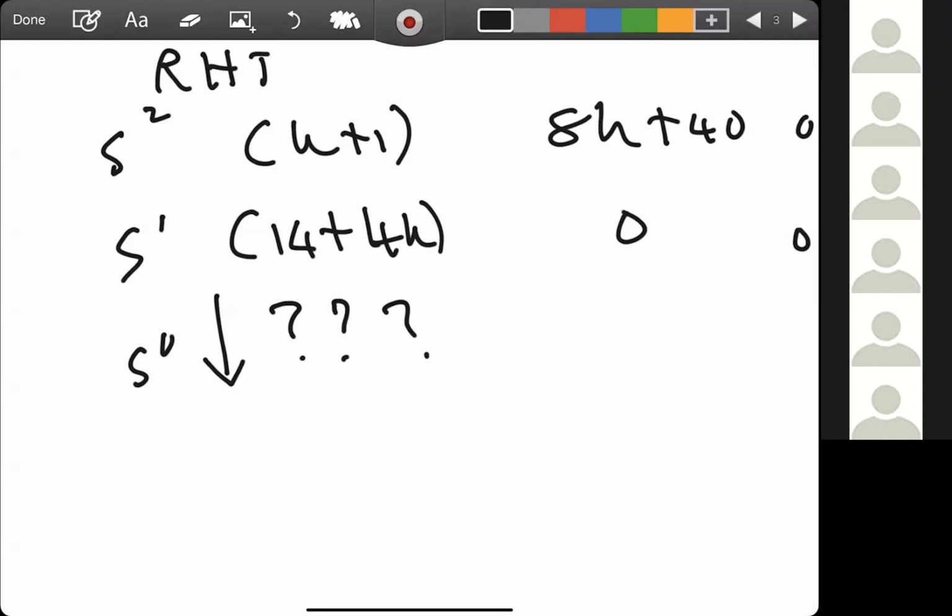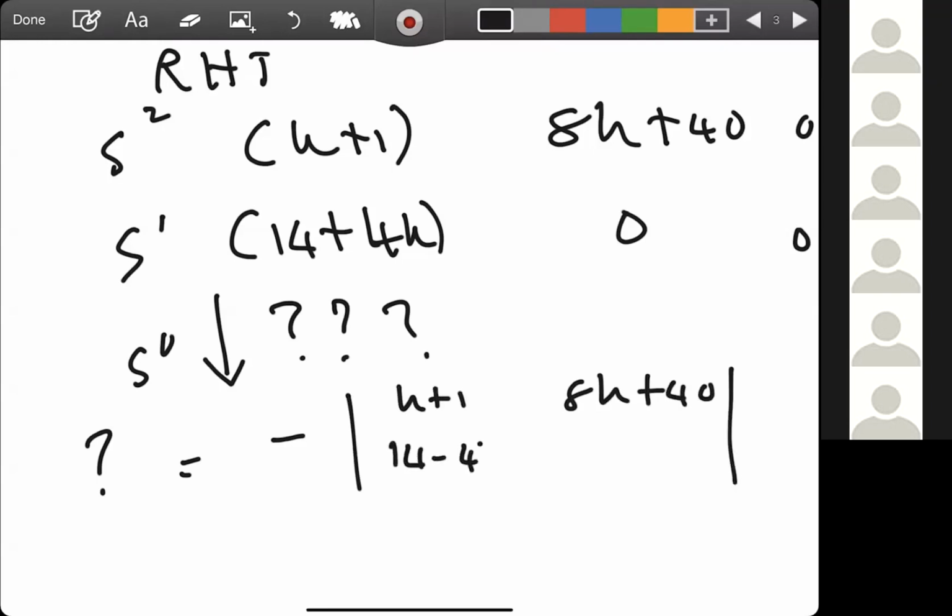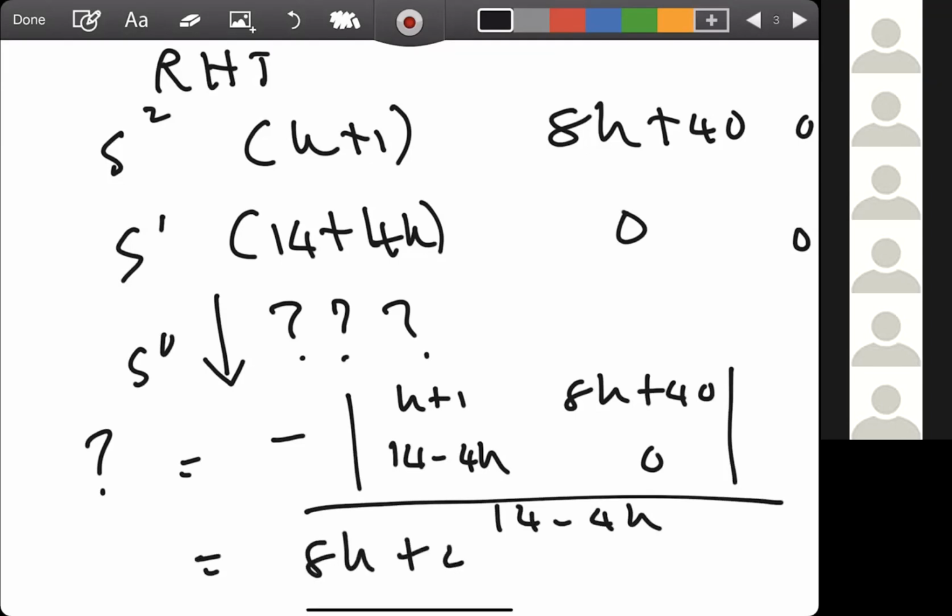We find the determinant of K plus 1, 14 minus 4K and 0, divided by K plus 1, so we get back 14 minus 4K.